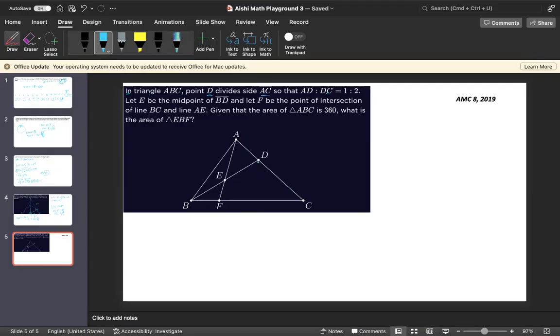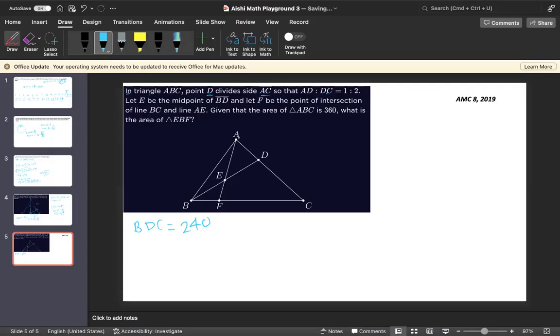And we know that the height of triangle BDC must be 2/3 of the height of ABC, since AC is to DC is 3 is to 2. So we know that the area of triangle BDC, or BCD, whatever, is equal to 240.